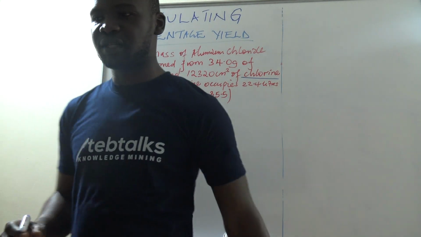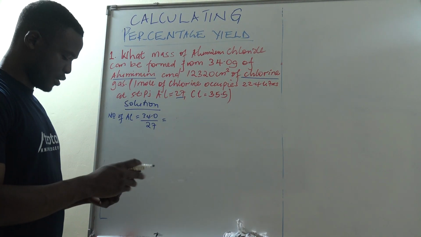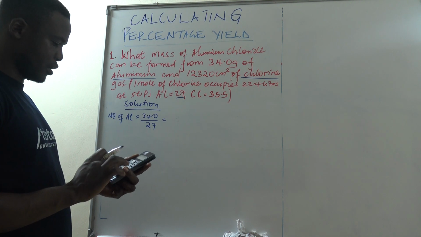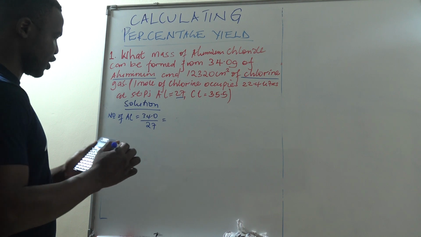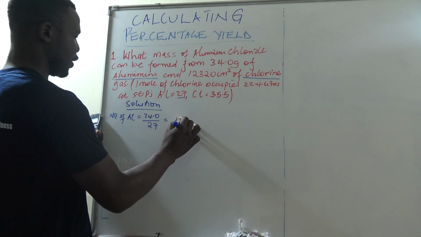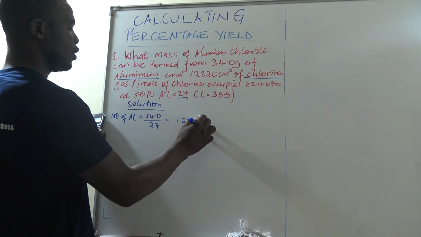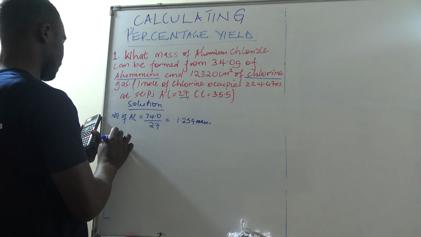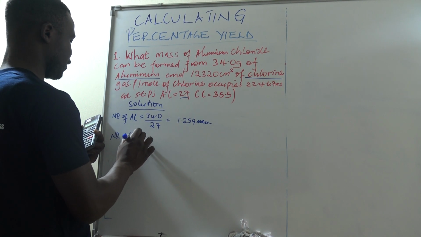Let me get my calculator. 34.0 divided by 27, we get 1.259 moles.